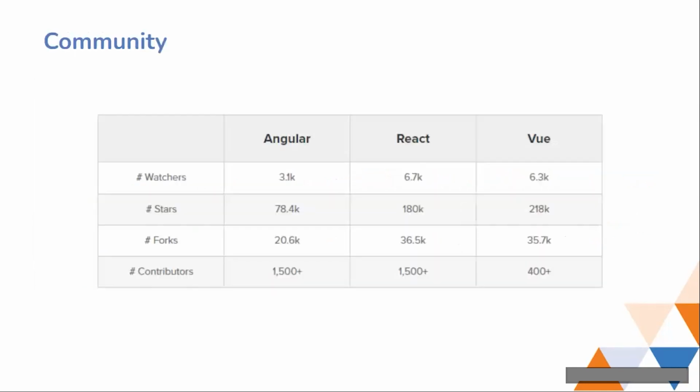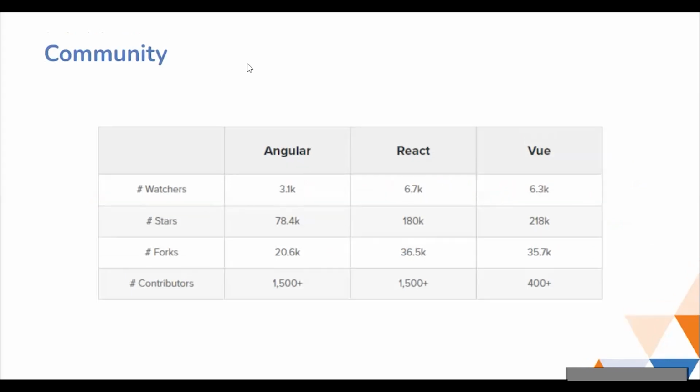Okay, so the community support. If you are new to web development and you want to start a new stack, the first thing you will do is search on Google and YouTube for resources. If you think about community support also, React has the best community support right now.